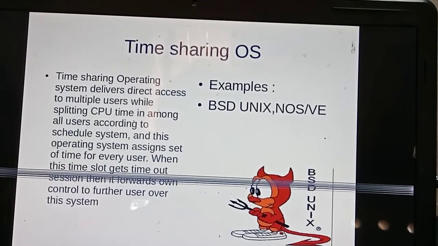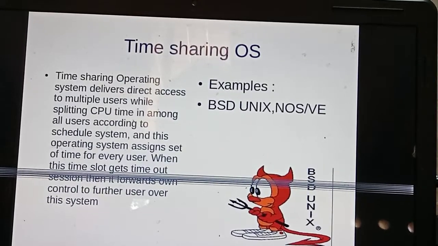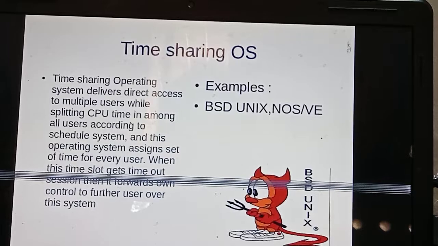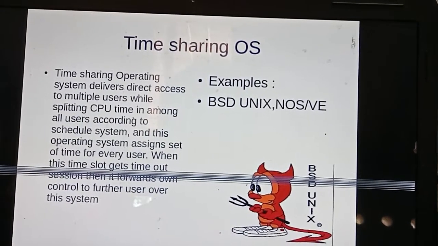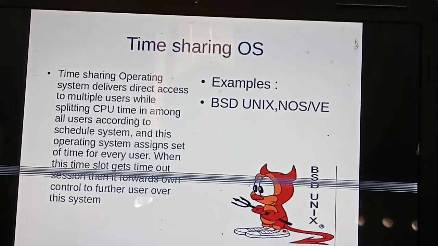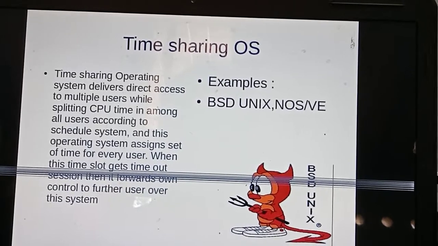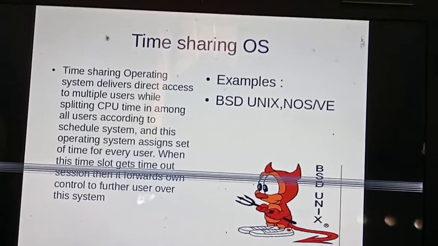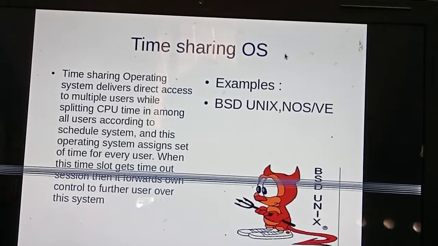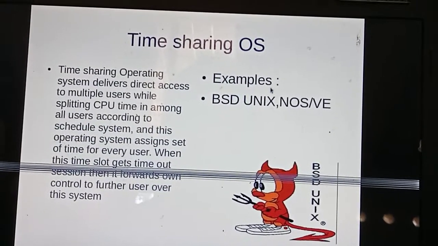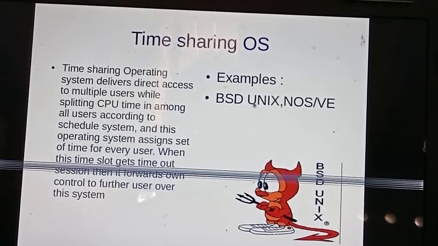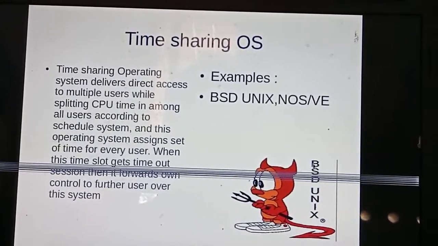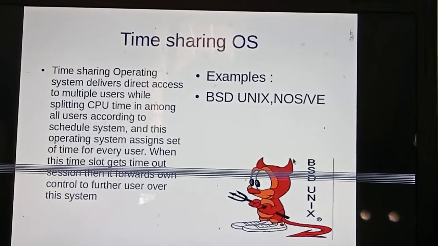Whether it is over or not, after this time slot, it will move to the second user. Then after a certain time, it will move to the third user. So that is called a time sharing operating system. Examples of time sharing operating systems are BSD Linux, Unix. Then this is the symbol of BSD Unix.